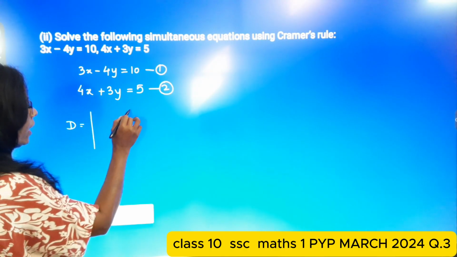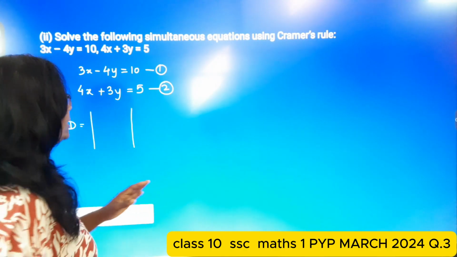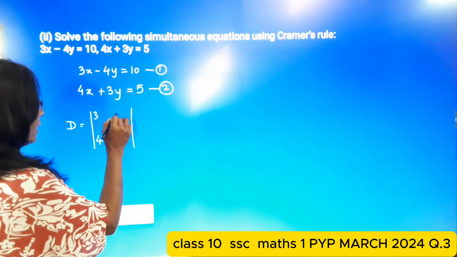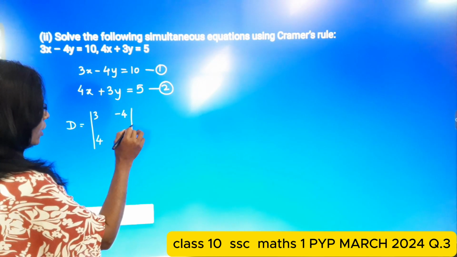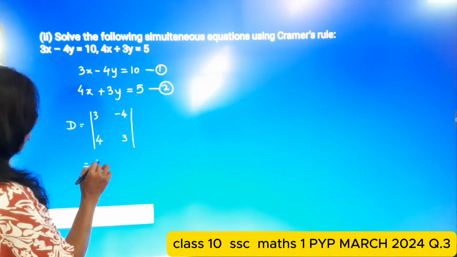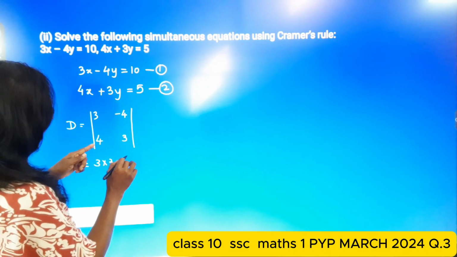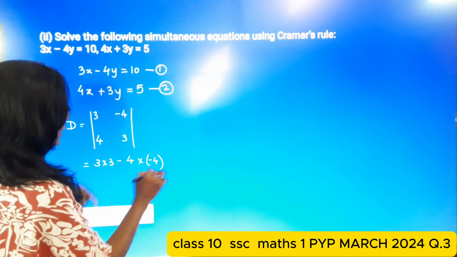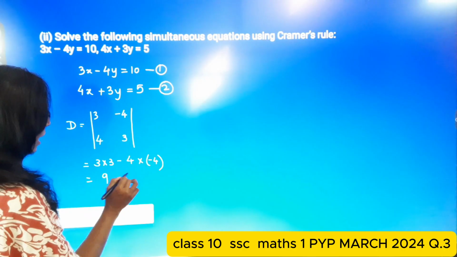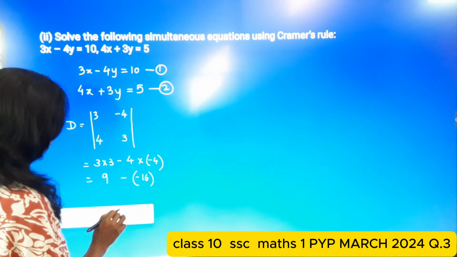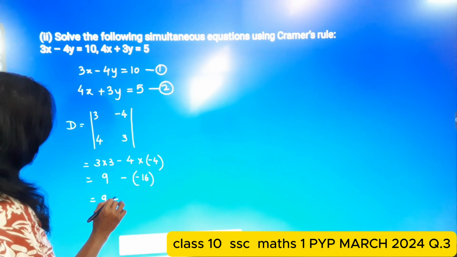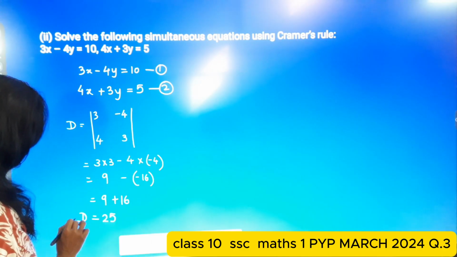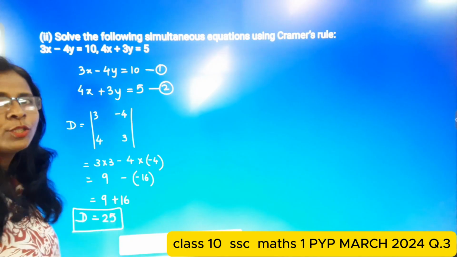We find the determinant with the coefficients of x, that is 3, 4, and the coefficients of y in this place. So now cross multiply: 3 multiply 3 minus 4 multiply minus 4. That means 9 minus of minus 16, that is 9 plus 16, so 25. So D is equal to 25, students.